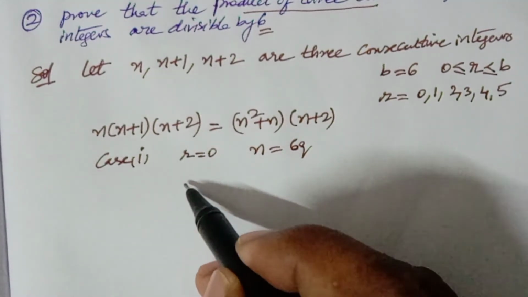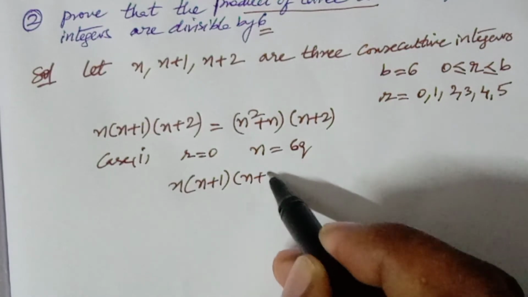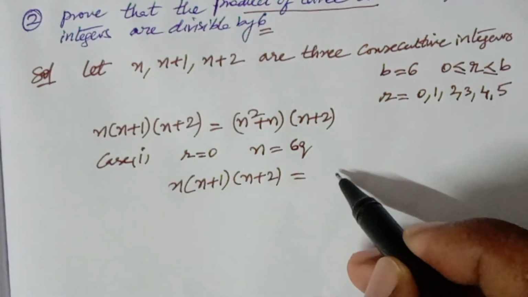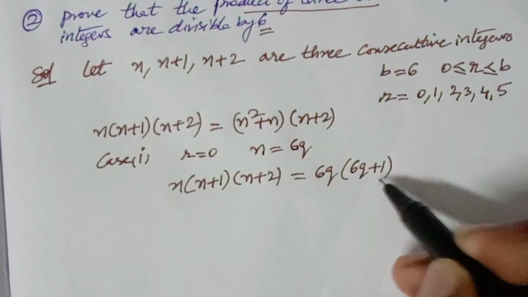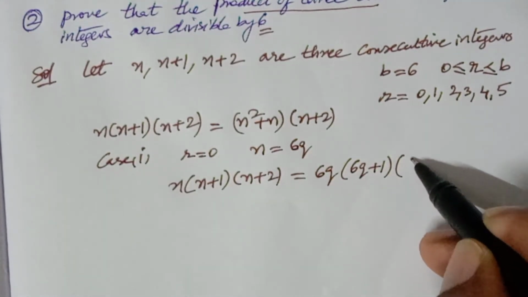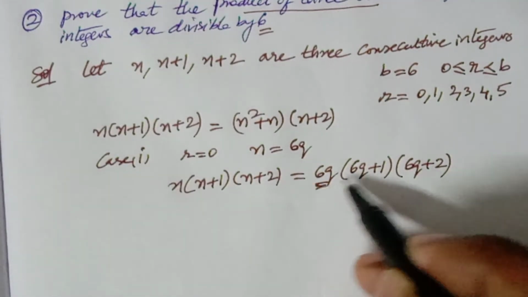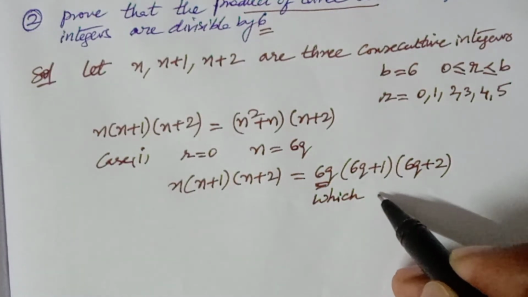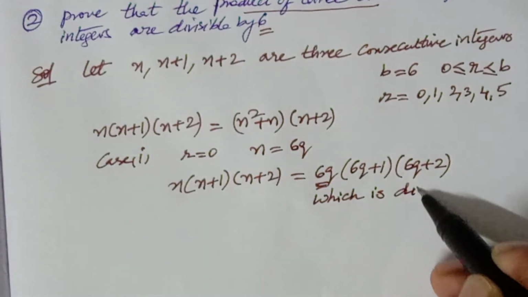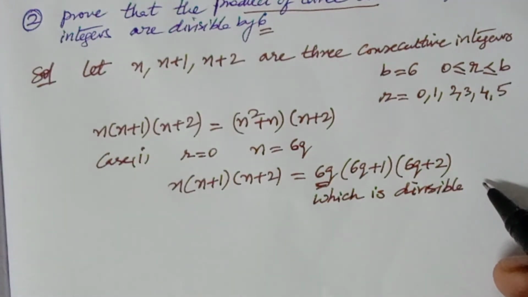So their product n into n plus 1 into n plus 2 is equal to 6q into (6q plus 1) into (6q plus 2). Here 6 is outside, which is common for all, which is divisible by 6.